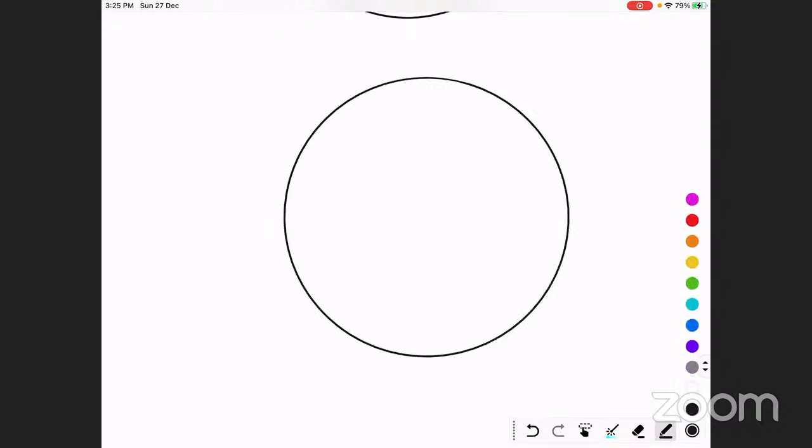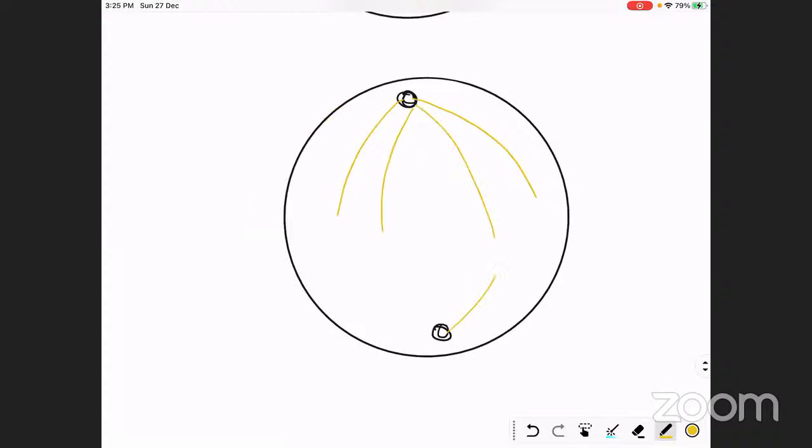Okay, we have a centriole here and a centriole here, and these centrioles form the spindle fibers containing the chromosomes.